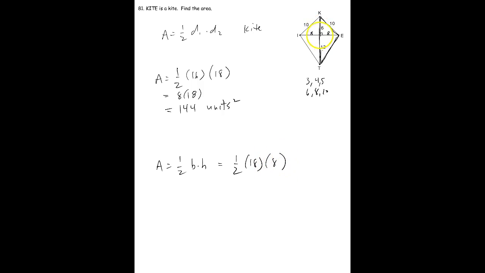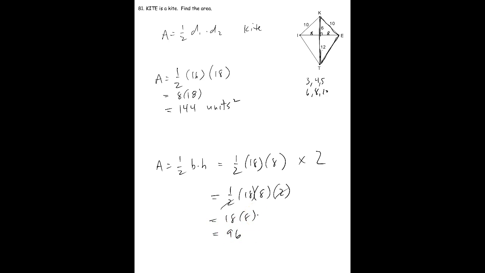But I have two of them because I have one on this side, so I can multiply that whole thing by 2. So the area of my kite is going to be 1/2 times 18 times 8 times 2. 1/2 of 2 is 1, so those will cancel. 18 times 8 is 144, the same number there.